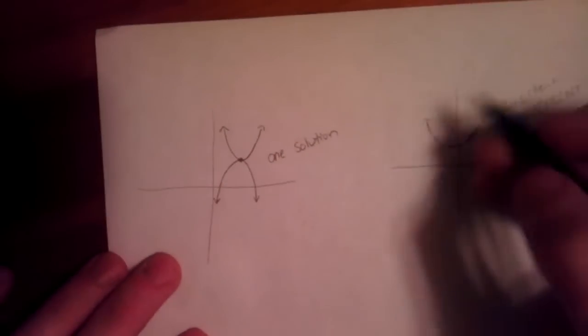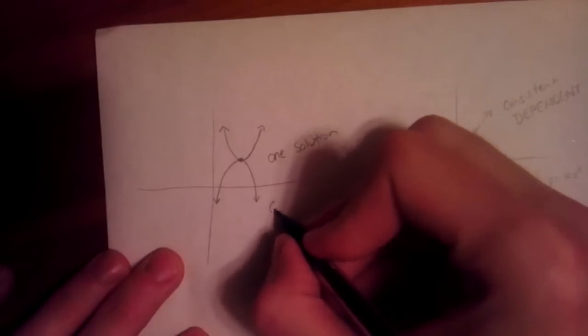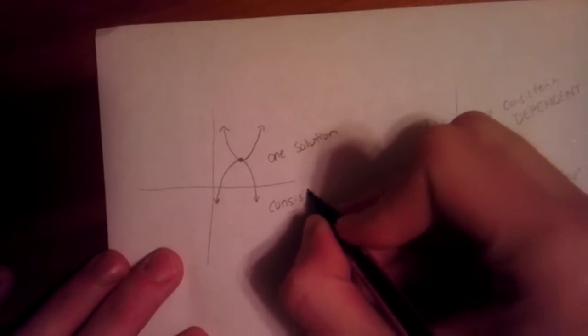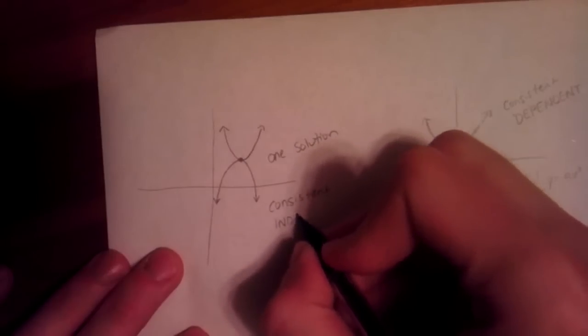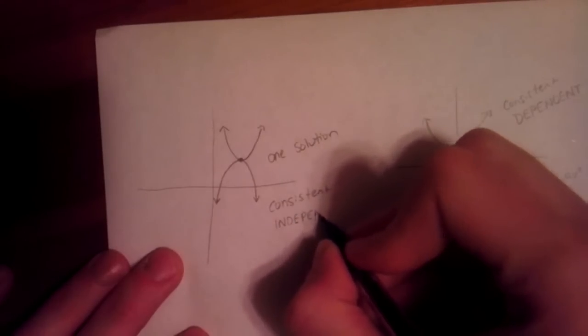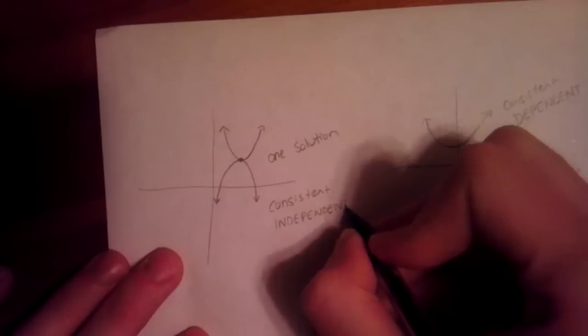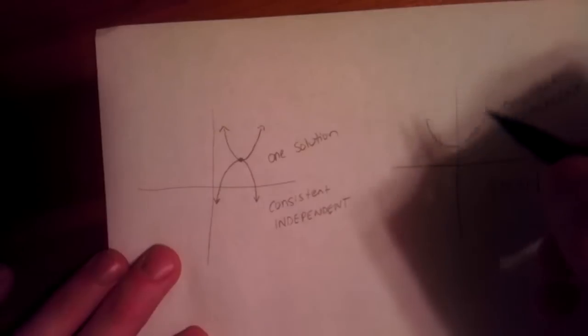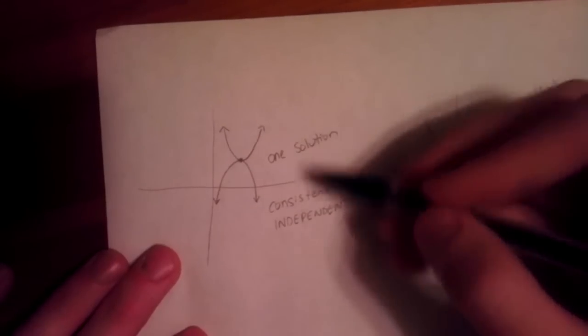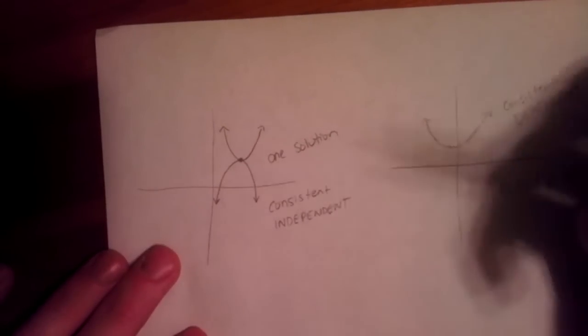Okay, just to go back here, when you have one solution, or if you can count the number of solutions, you would classify that system as consistent and independent. So this goes for one solution or two solutions. If you can count the number of solutions you have, you're good.